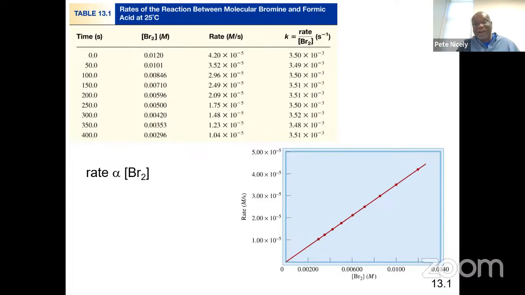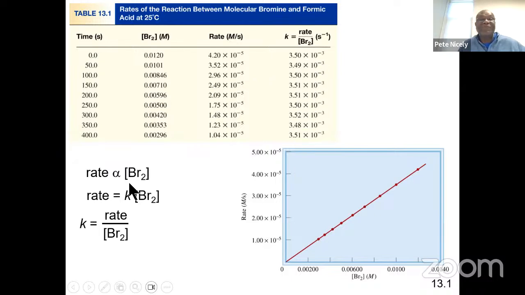So we can rewrite this expression as an equation where we say the rate is equal to k times the concentration of bromine. So k would be the constant of proportionality between the rate of the reaction and the concentration of bromine. We can also rearrange that equation to get k equal to the rate divided by the concentration of bromine, which is what is done to create the fourth and final column in this table.